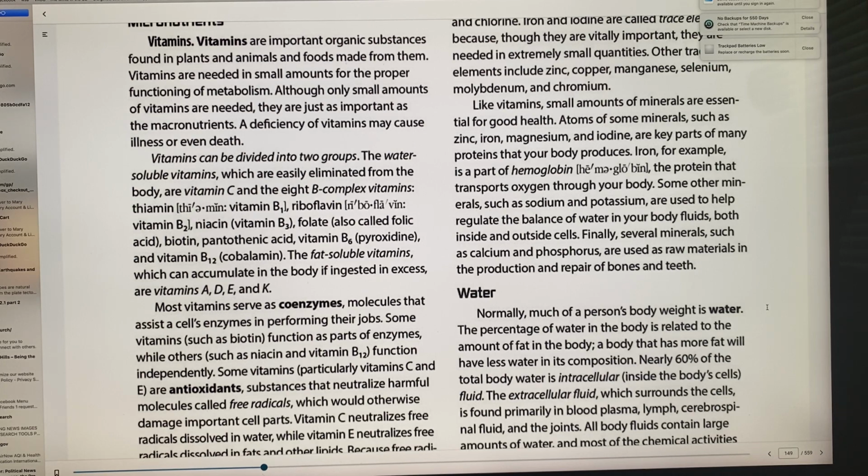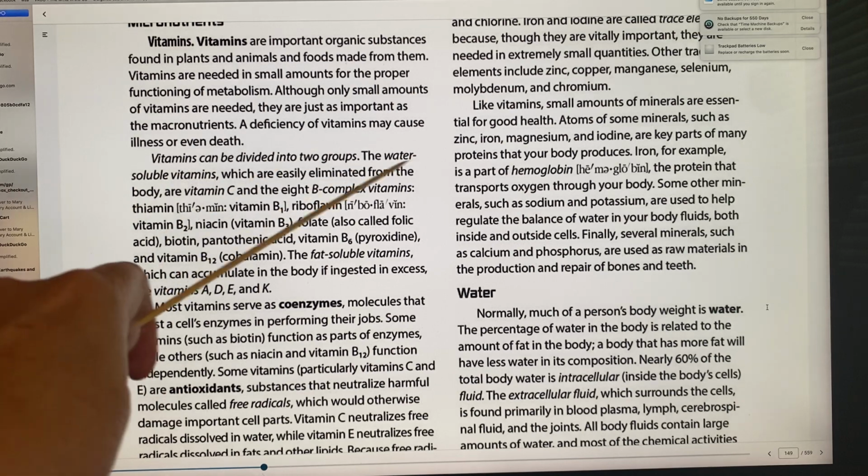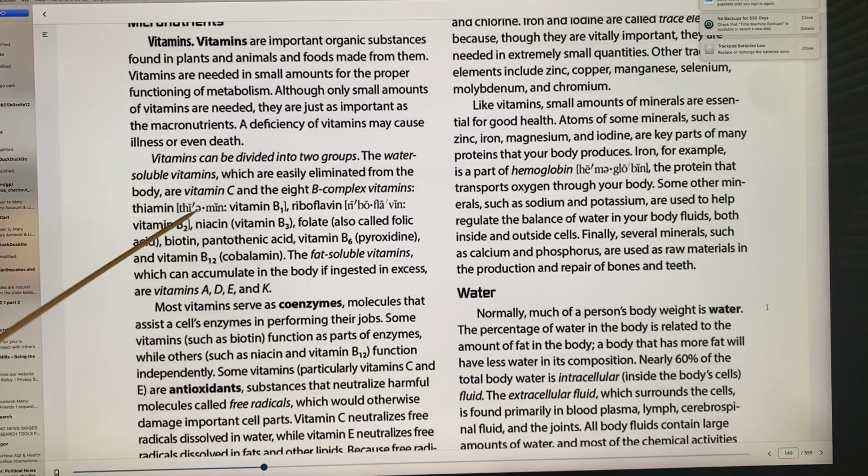Vitamins are divided into two groups. We have water-soluble vitamins, which are easily eliminated from the body. And water-soluble vitamins, you already learned this, are vitamin C and vitamin B complex vitamins.